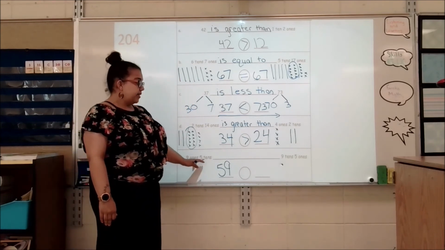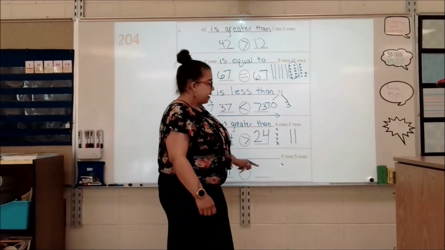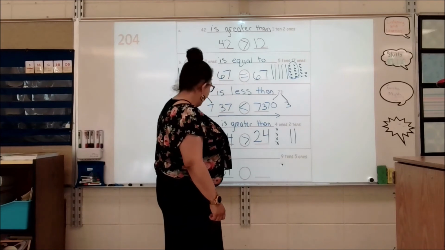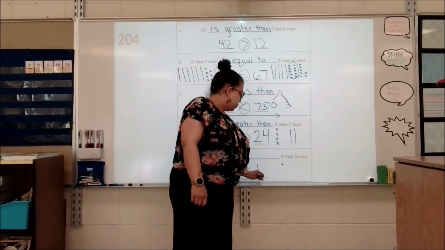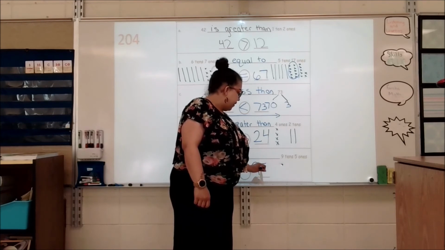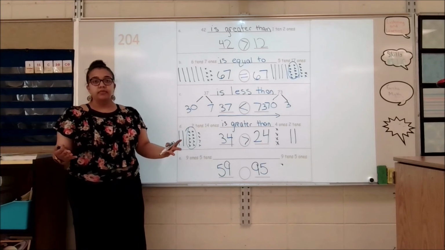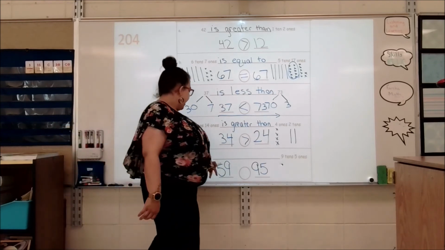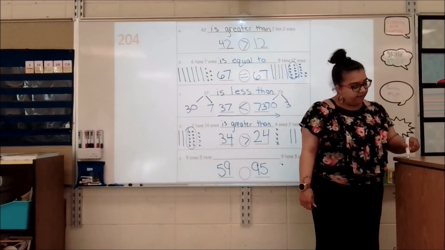So 9 1s and 5 10s is 59. And 9 10s and 5 1s has a value of 95.